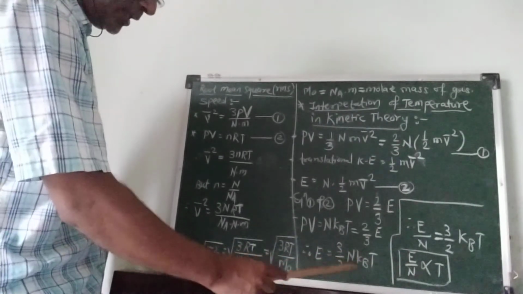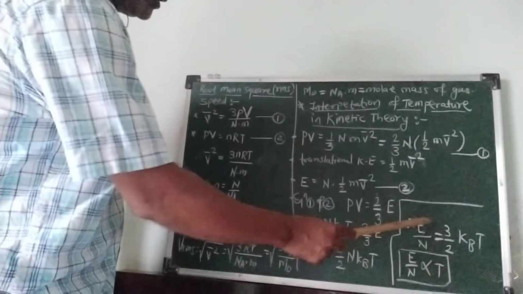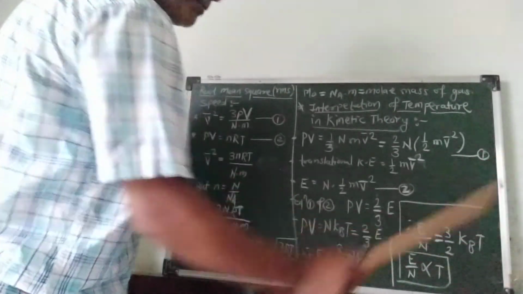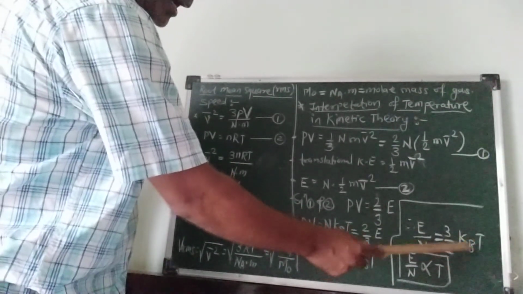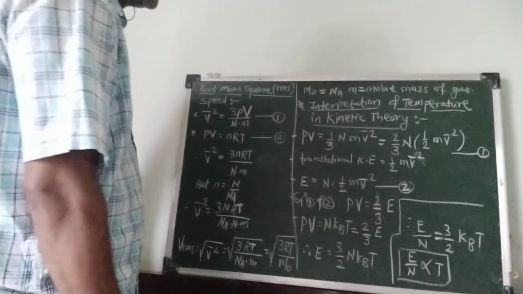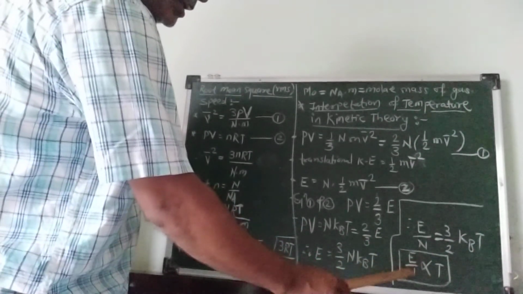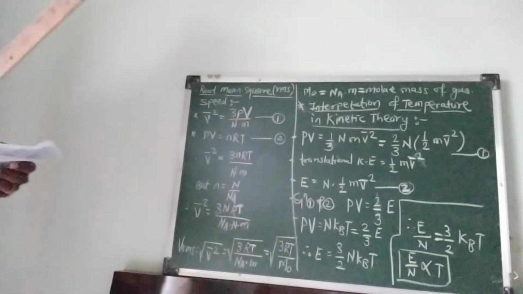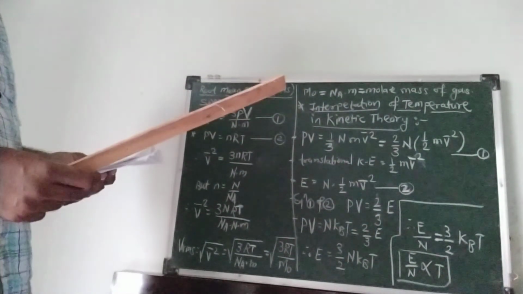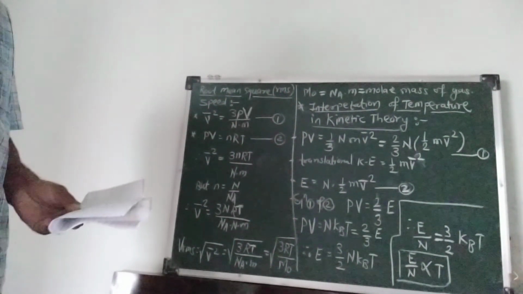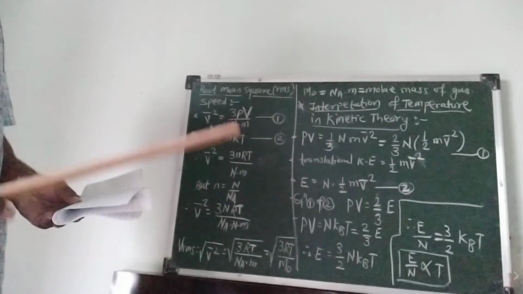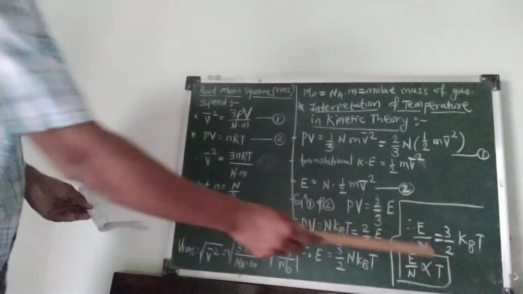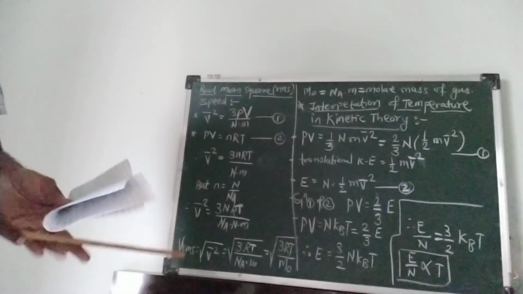Dividing by N, E upon N is equal to 3 upon 2 kB into T. Since 3 upon 2 and kB are constants, E upon N is proportional to T. It means that the average energy per molecule is proportional to the absolute temperature, capital T, of the gas.